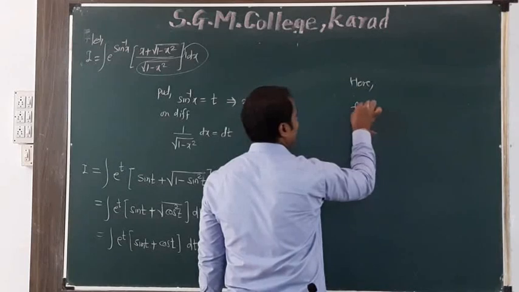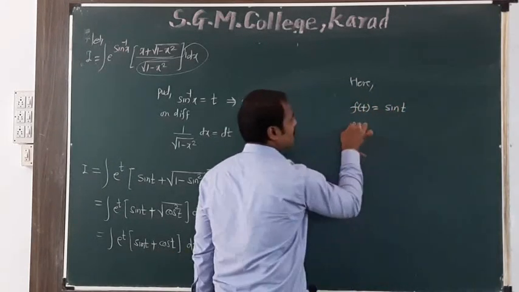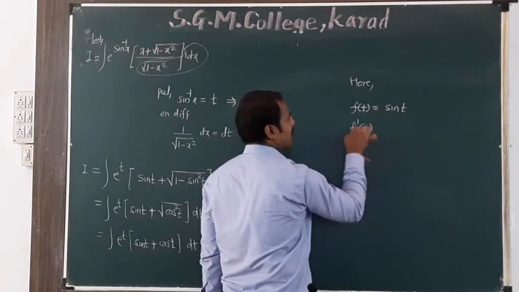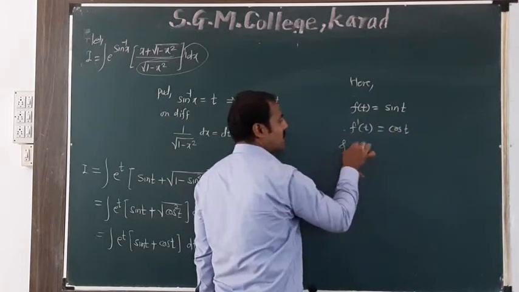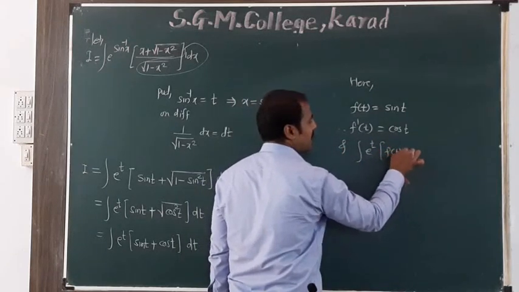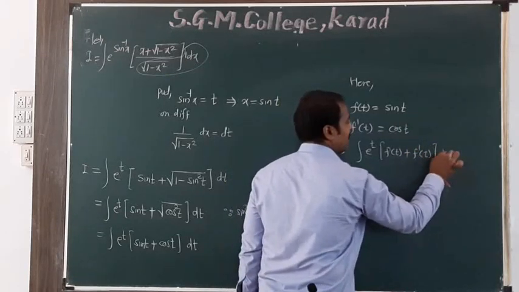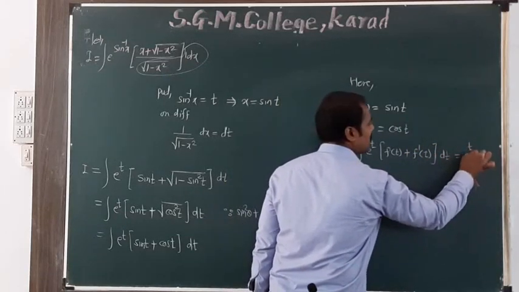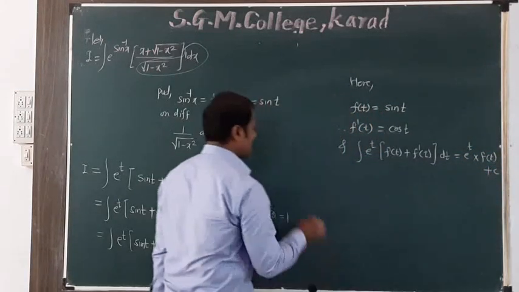Now using that corollary here, f of t is equal to sin t, and derivative of sin t is cos t. F dash of t is equal to cos t, and we use the corollary integration of e raised to t into f of t plus f dash of t dt is equal to e raised to t into f of t plus constant of integration.